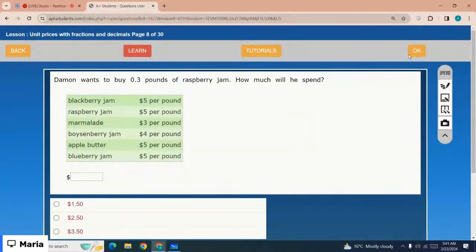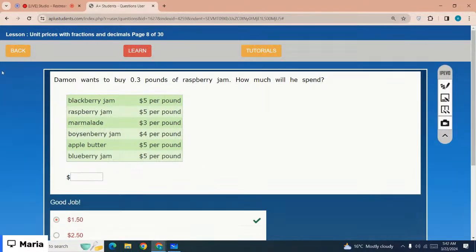That option is 5 times 0.3. That is 1.5. Correct option is option number 1, that is 1.5. 1.5 it is. Okay, you can complete the lesson by yourself later today.